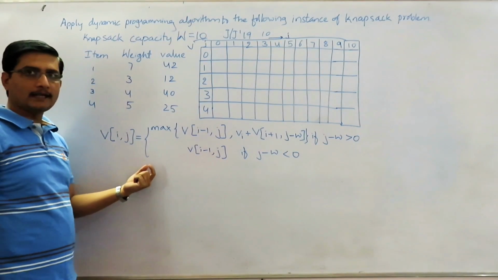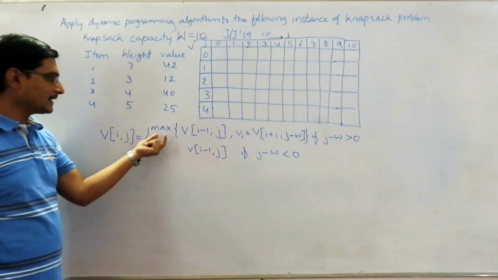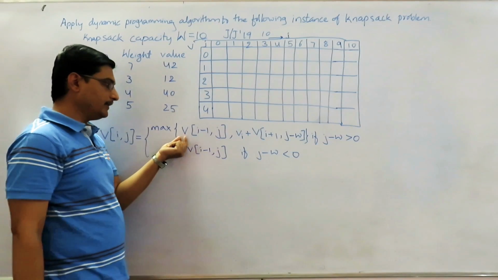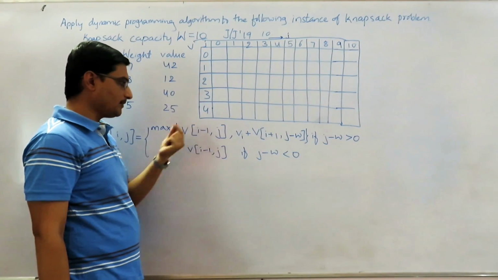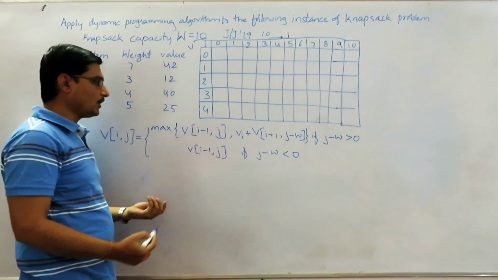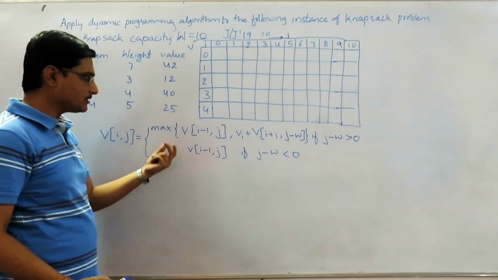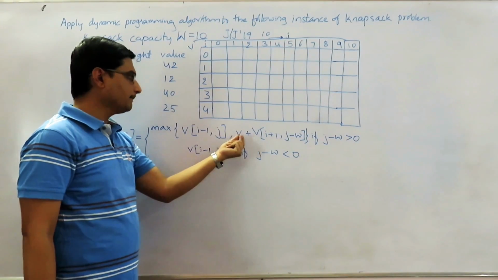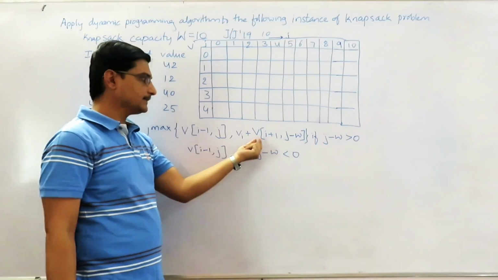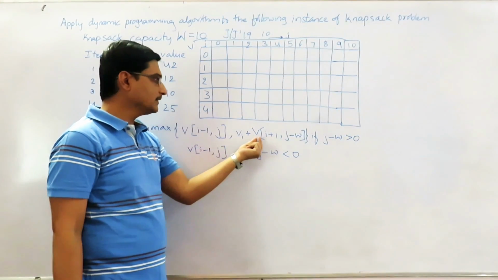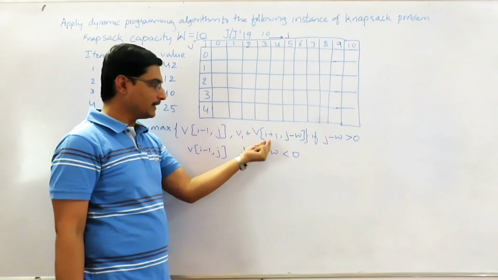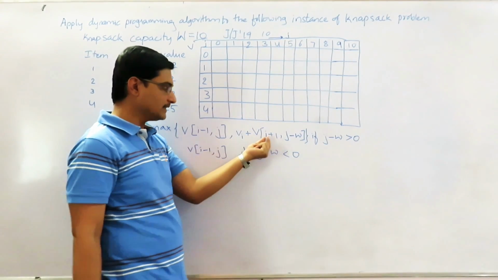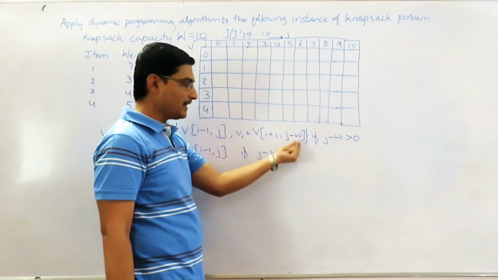We can enter the value table with this formula, that is maximum of V of i minus 1 comma j, that is the previous row entry for that item, or Vi plus the value of the item plus the value of the previous entry, that is V of i minus 1 comma j minus w.